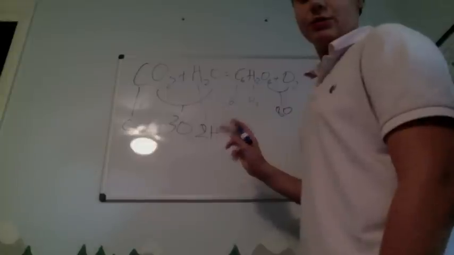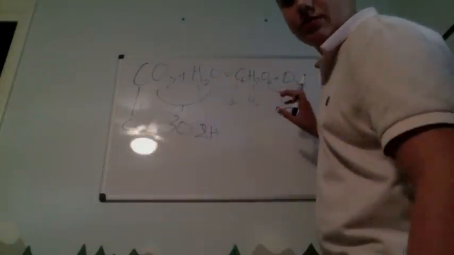And so what I want to do to balance this is I gotta make it so that the total number of atoms on this side is equal to the total number of atoms on this side. So, the way that works is by putting a pre-number in there.